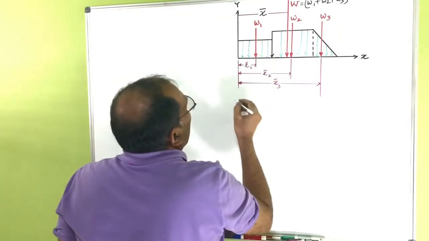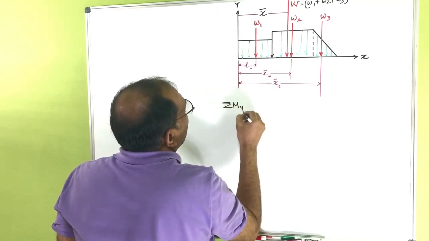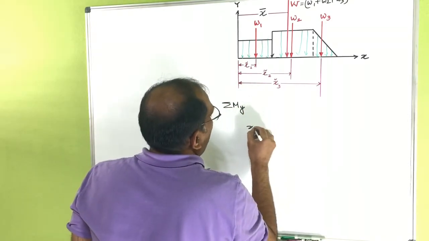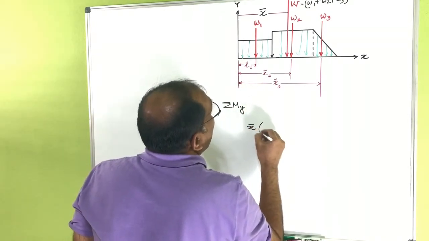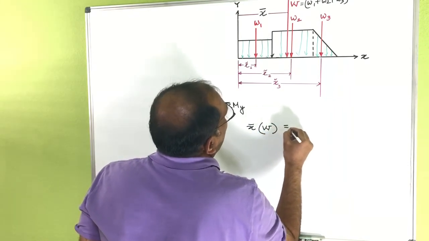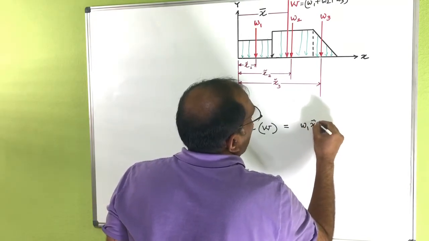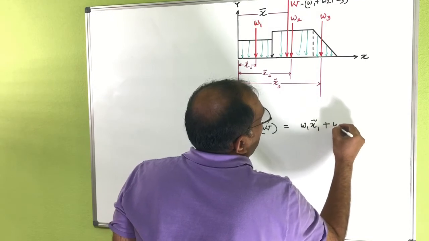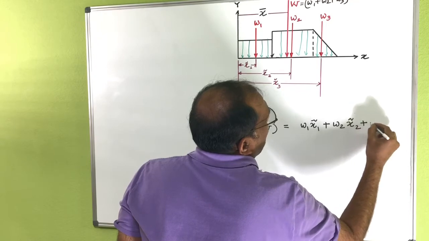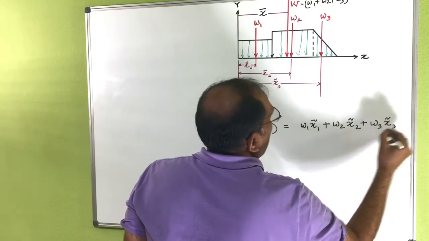If you take a moment along the y-axis, then x bar multiplied by W should be equal to W1 x squiggly 1 plus W2 x squiggly 2 plus W3 x squiggly 3.